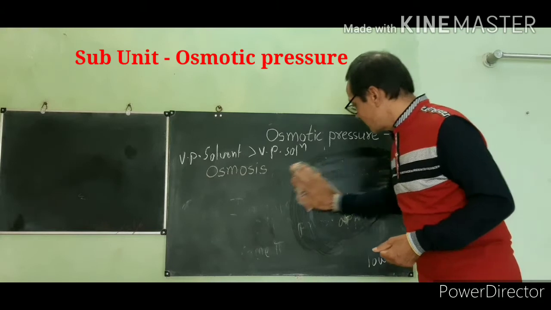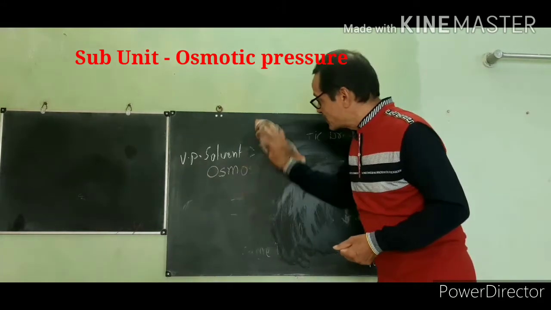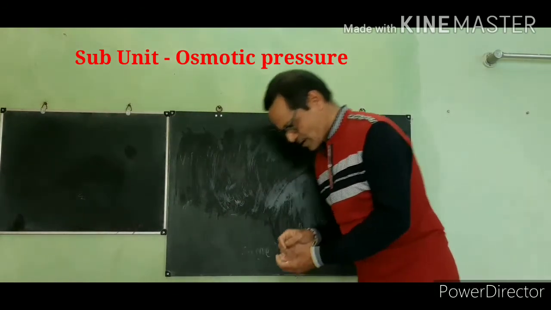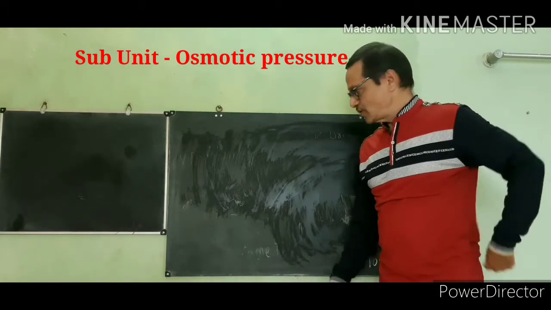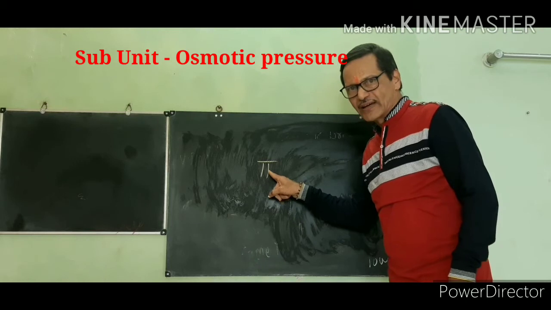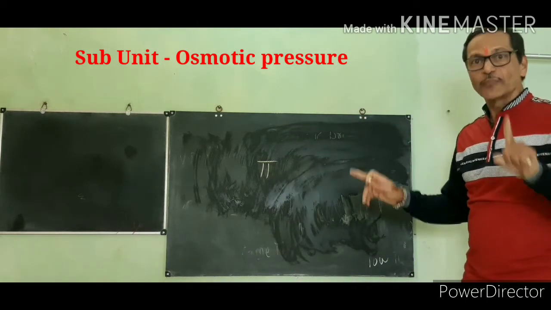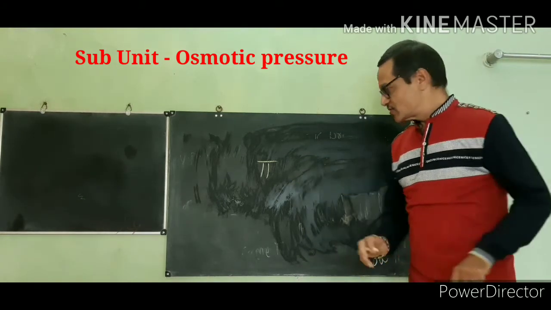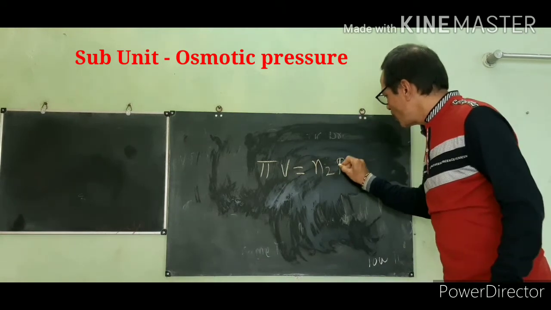Now, what is the relation between osmotic pressure and concentration? In dilute solutions, we have seen that osmotic pressure is a colligative property, so it depends on the number of molecules of non-volatile solute. The relation is pi V = n2 RT.